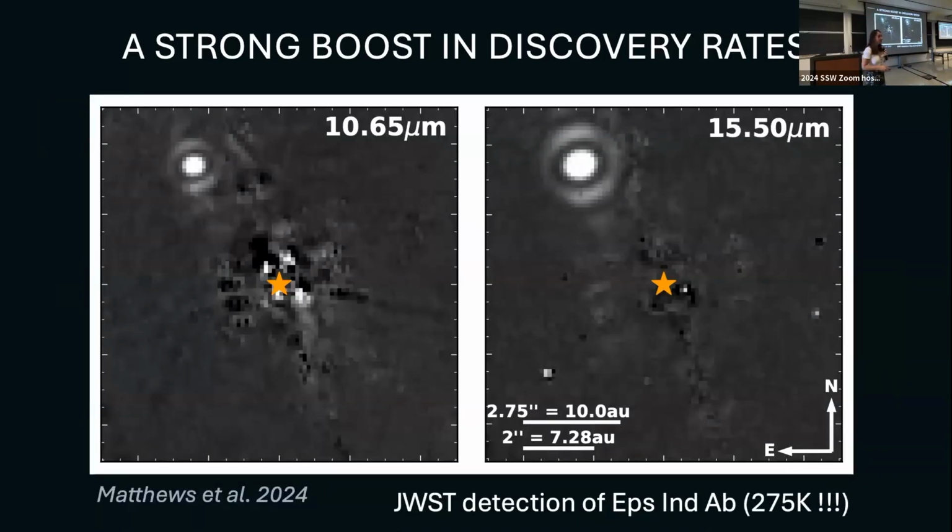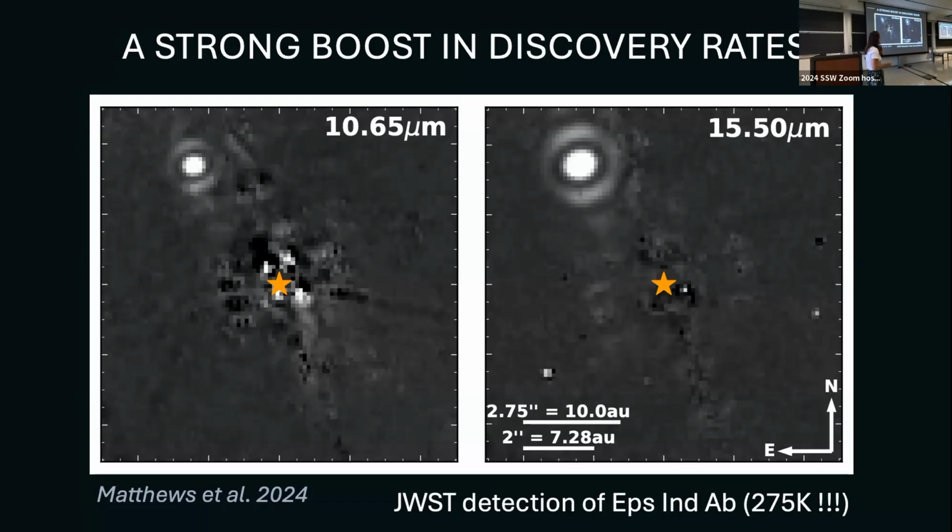And I wanted to highlight, you may have seen this super cool paper published by Elizabeth Matthews that came out yesterday. So this team managed to directly image a very, very cold planet of only 275 Kelvin with James Webb in the mid-infrared. And this is a star that was known to have something hidden around it from long-term radial velocity data and a bit of an astrometric acceleration as well.